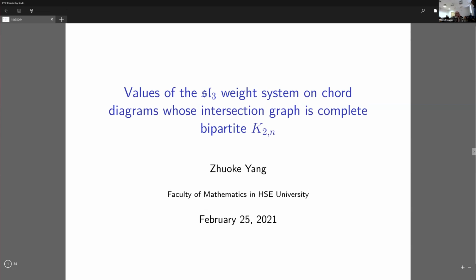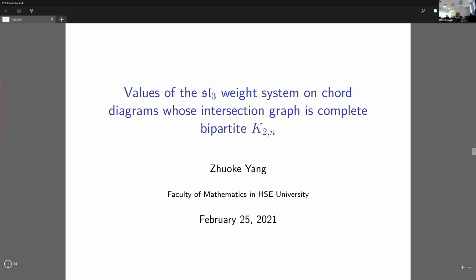As I hope most of the seminar participants remember, the last two talks were devoted to the values of the SL2 weight system. And about SL2, much is known. Also, there are very important things we do not know yet.